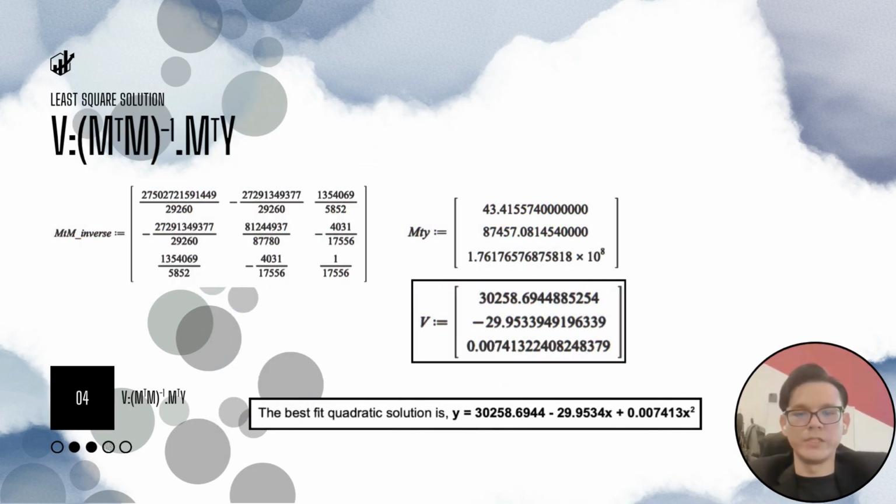The least square solution is obtained using the inverse matrix approach. The coefficient vector is calculated using the equation V equals MTM inverse dot MTY. First, the inverse of the matrix MTM is computed.